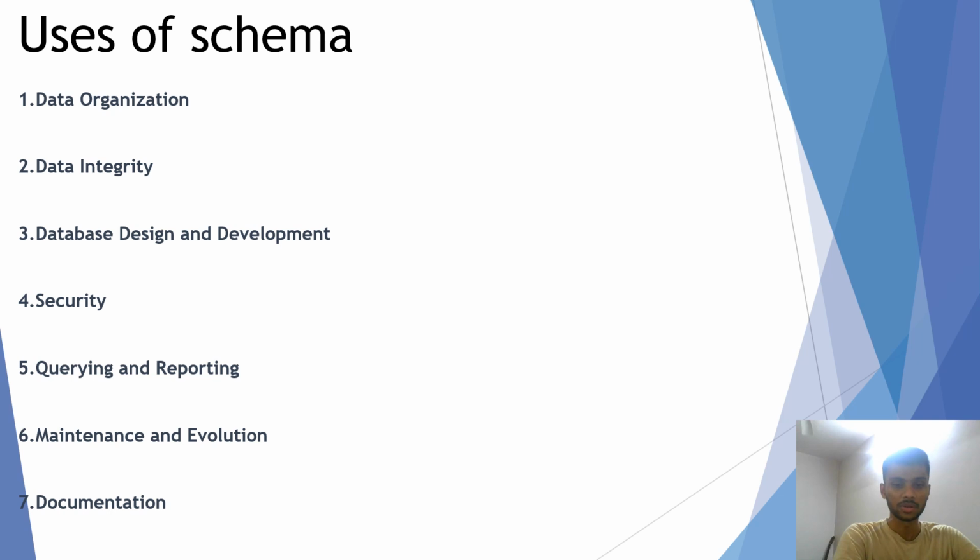Then is going to be security: encryption, encapsulation and the different aspects which will secure the database. Then it's going to be querying and reporting. Querying represents important parts of the database where we do specific tasks on the database. Reporting is how we are going to be looking at the data, or will be able to view the data and to evaluate the changes and the edits which have been done.